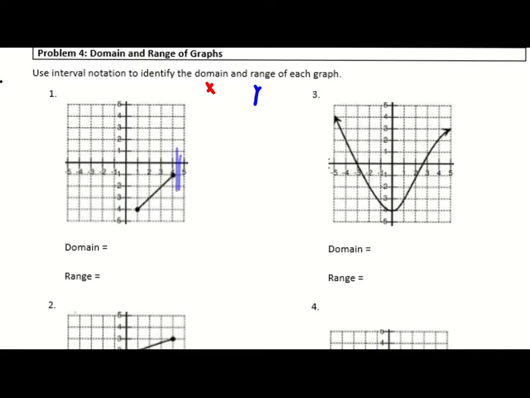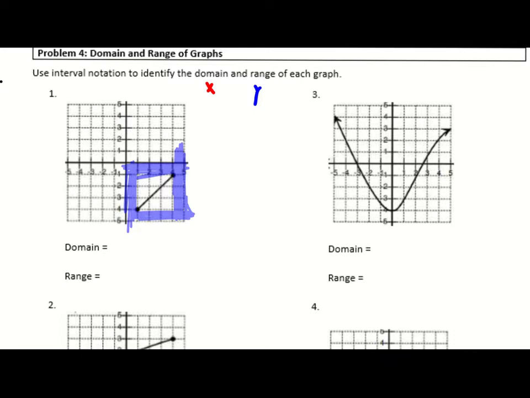I'm going to shade in the outer parts so I can see specifically where my graph is. I see my graph extends from that endpoint to that endpoint.